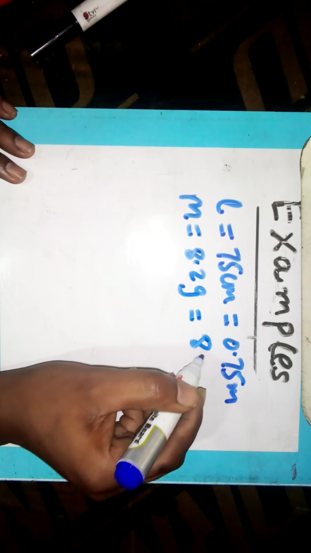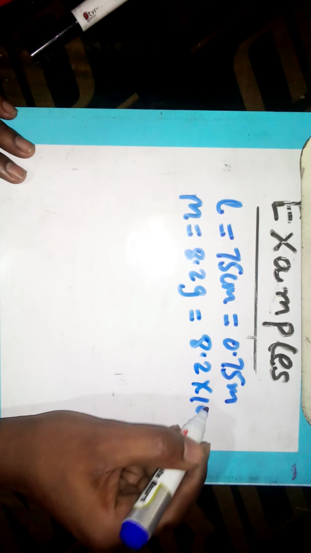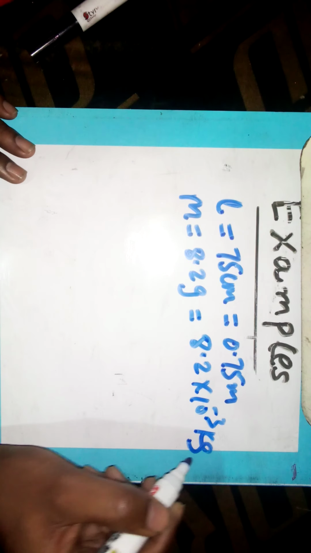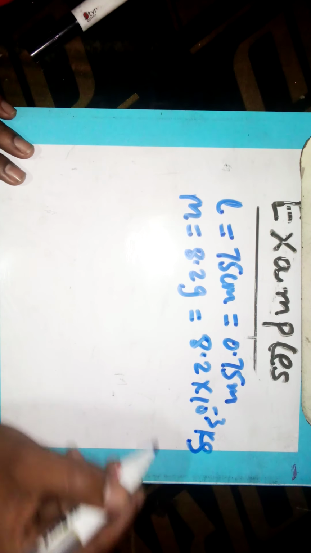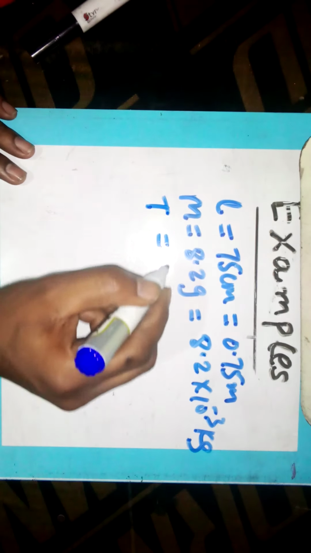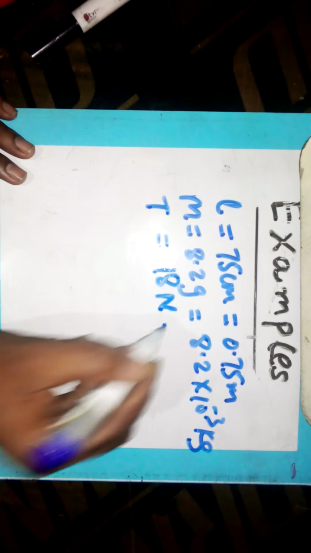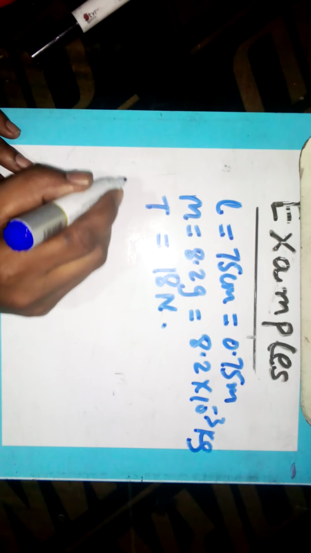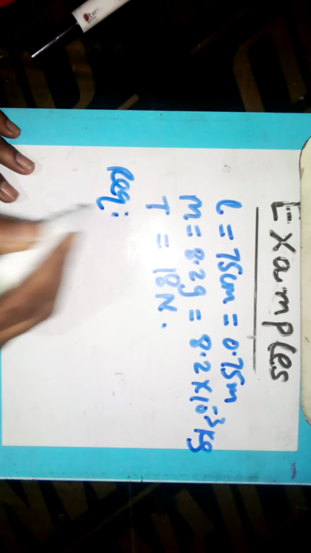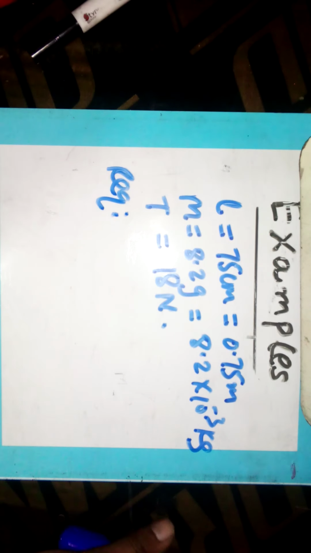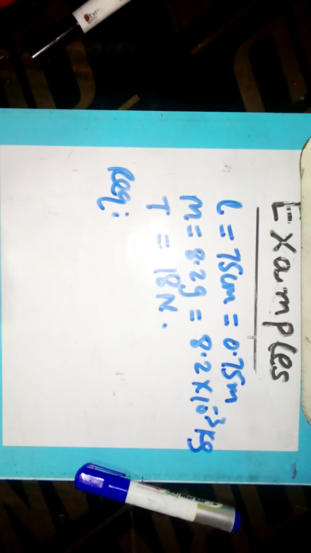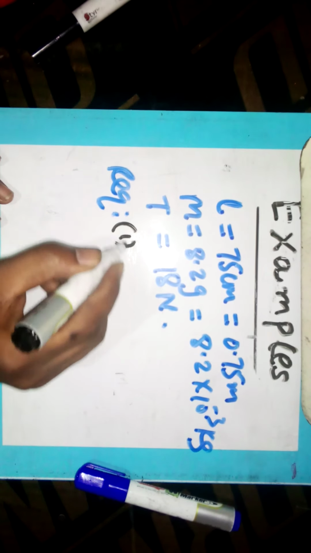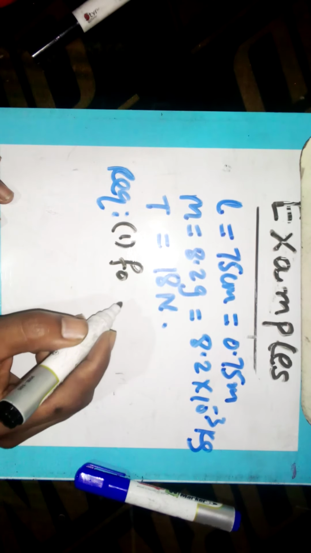This is 8.2 times 10 power negative 3 kilogram. Another thing we have is tension. This is 18 Newton. We are required to calculate the following. First, the fundamental frequency, F naught.